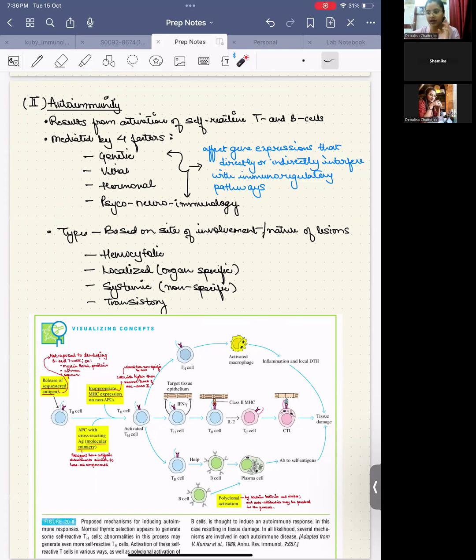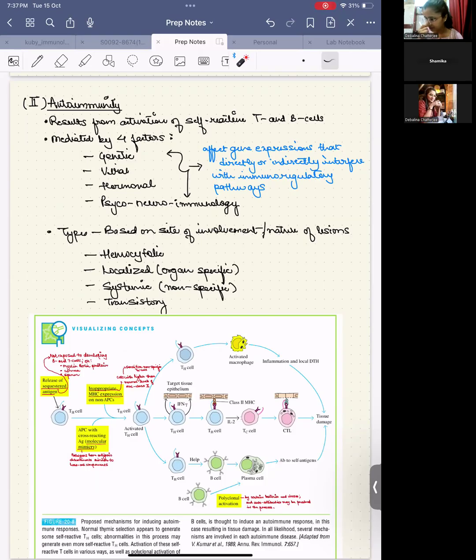So the brain and immune cell axis getting affected can also result in autoimmune reactions. Now, how? If because of any of these four alterations, we can have some change in the gene expression, which directly or indirectly interferes with the regulatory pathways of the immune system. And that is how we can have some sort of autoantibodies coming into the circulation and damaging my own cells of the body.